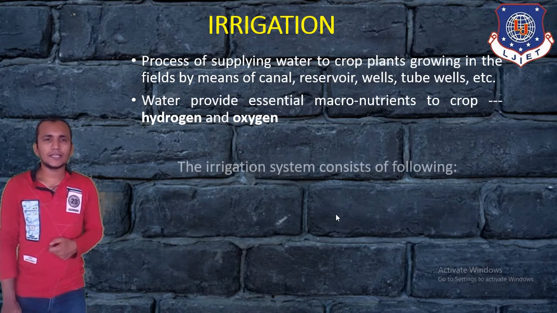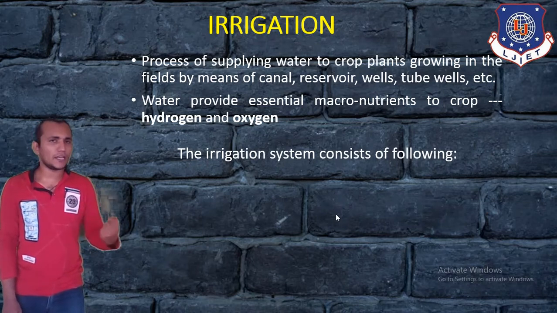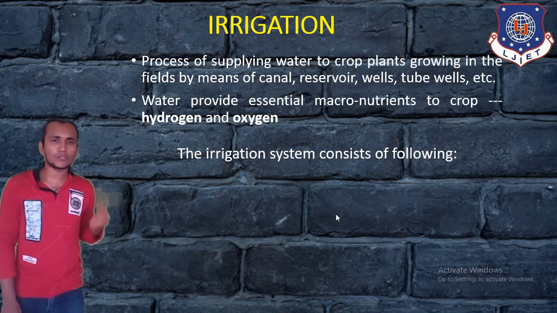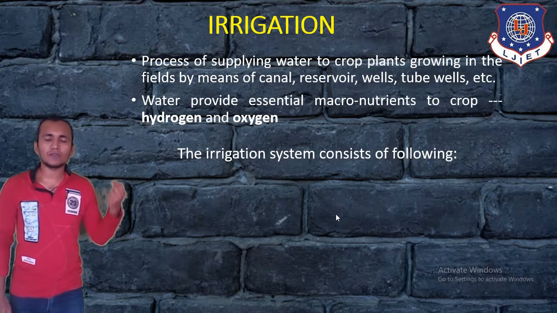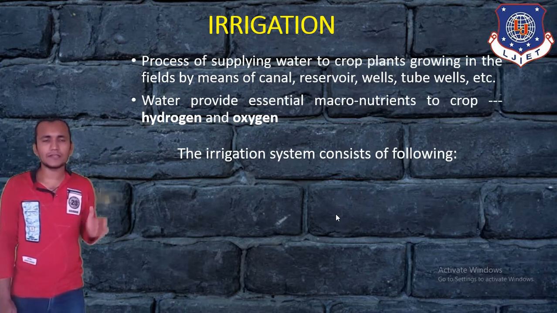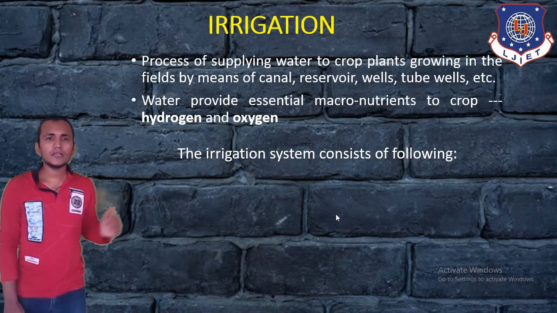Then we can say that the irrigation system consists of the following. Now we have to manage the irrigation system, that means water distribution management. Here we divide this irrigation system into different parts, and each part works as a management unit.